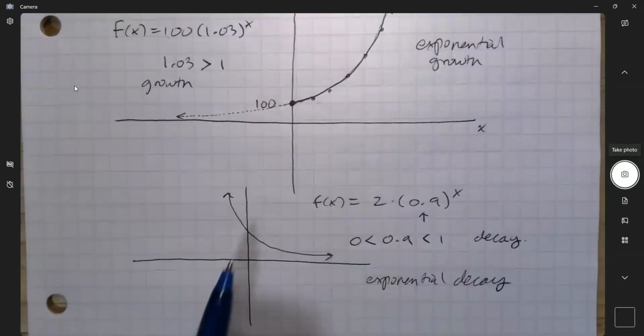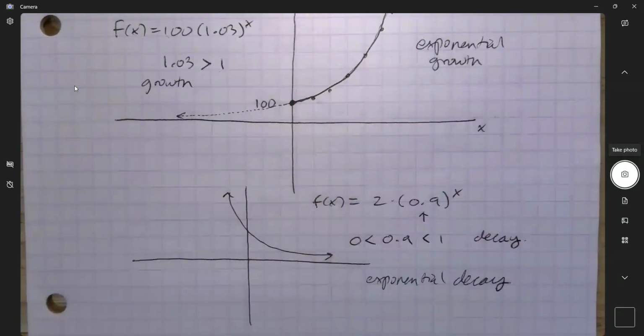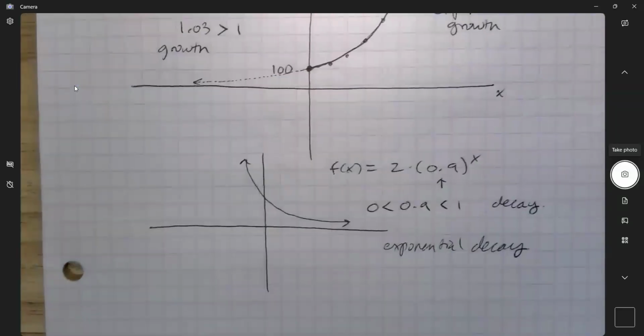Slower growth leads to graphs that grow up slower, but they all bend up in the end. All right. I think that just about wraps it up for exponential functions.